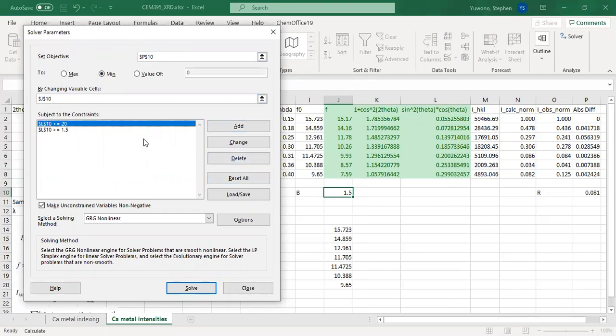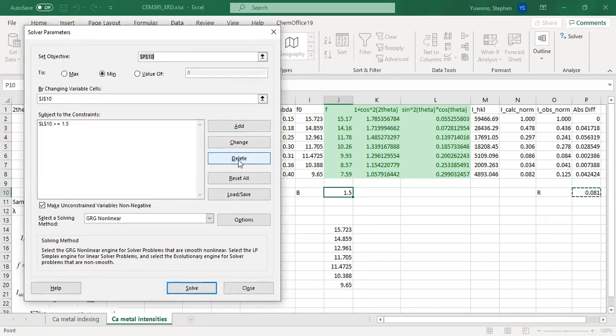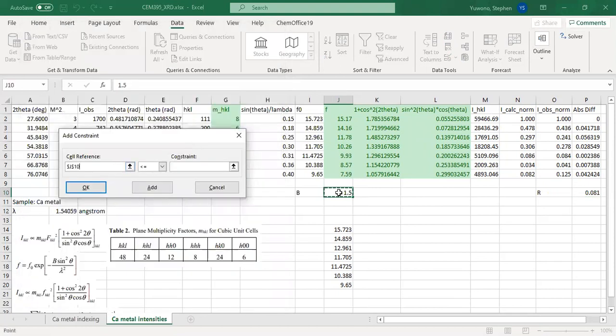Okay. And now you can also add constraints. For example, in the handout, it says that you can add it, and you can say that the B value has to be greater or equal to 1.5. So it will not go under 1.5. Okay. So you can add another one, which is my B value should be less or equal to 20, because otherwise it's going to be a very hot measurement, and we did not have that.